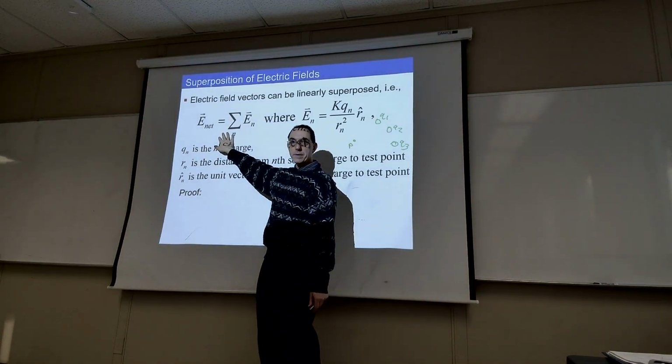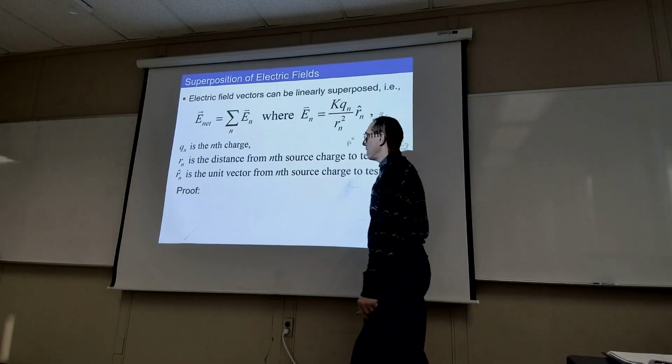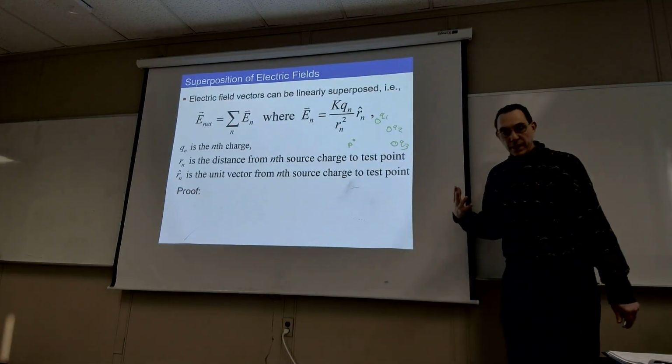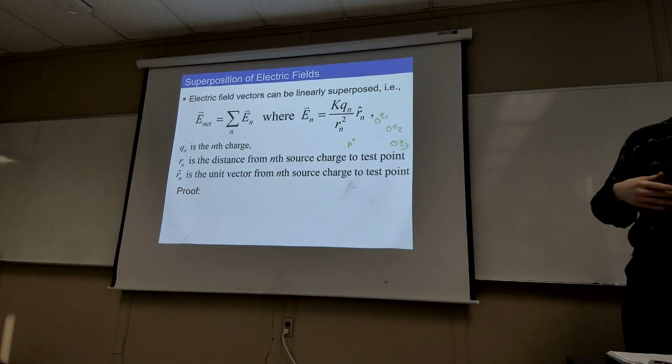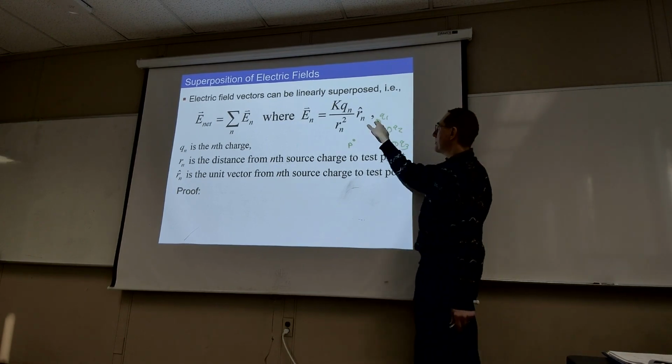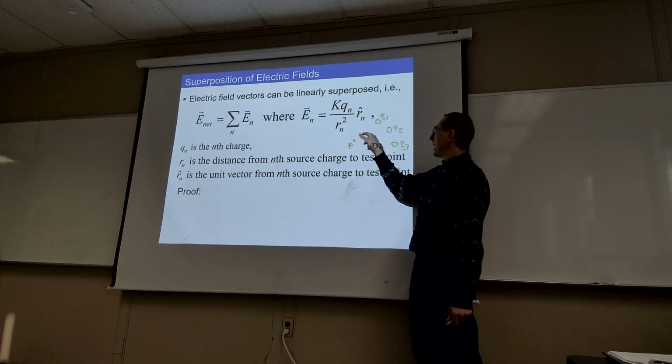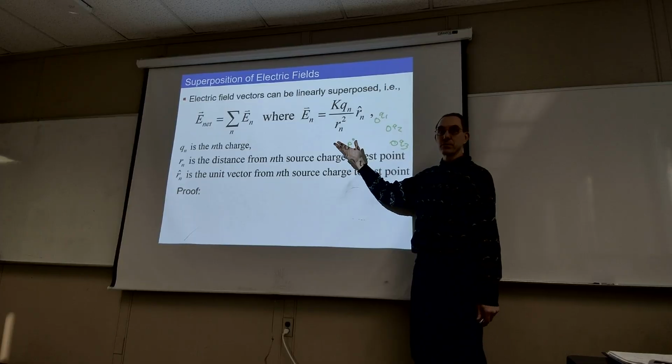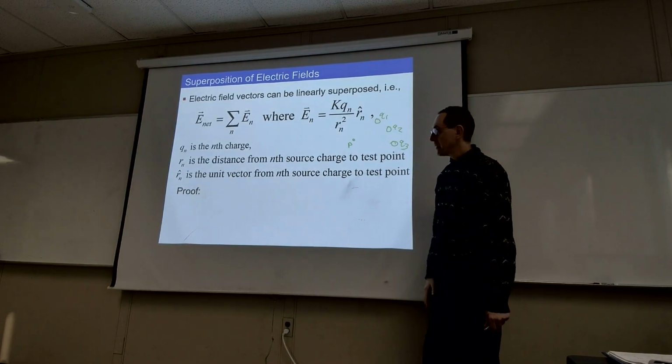That's it: linear superposition of vectors. I will emphasize it has to be a vector sum. What you don't want to do is calculate the magnitude of the field from each charge and add the magnitudes. Wrong answer. It has to be a vector sum.